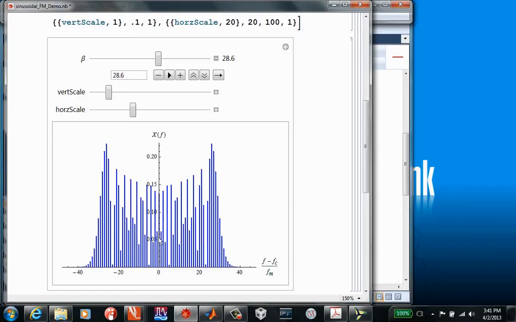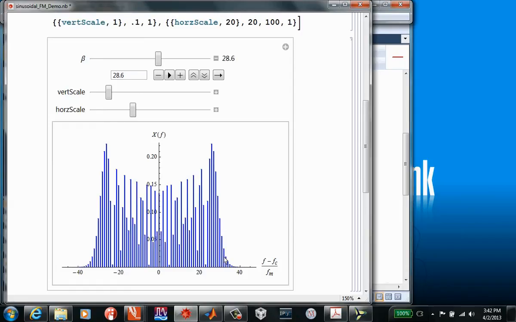FM, which is way in here, but the bandwidth of this signal with the large deviation constant, which I'm going to define, is spread way, way out. And broadcast FM does this exact thing. From what we were talking about in Project 1, we were trying to be efficient with the use of spectrum.